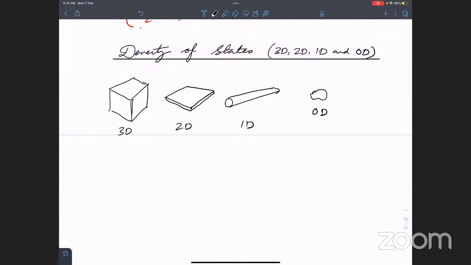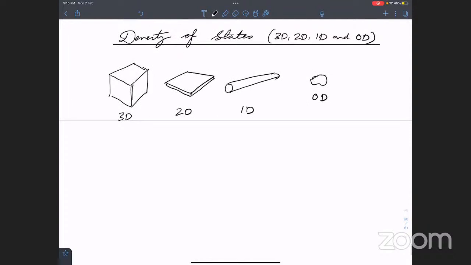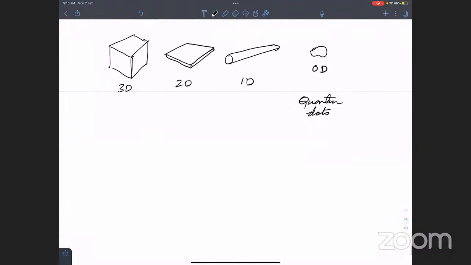And let me give you examples of these. So 0D systems are quantum dots. And in practice, what they can be is, let us say I have a III-V semiconductor of gallium arsenide. Okay, so I take an example of gallium arsenide.